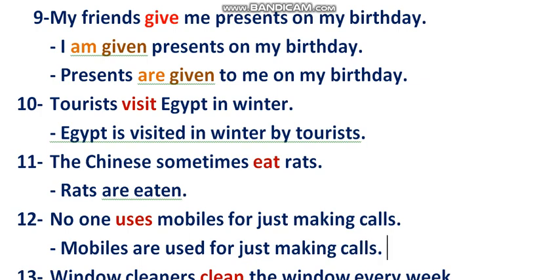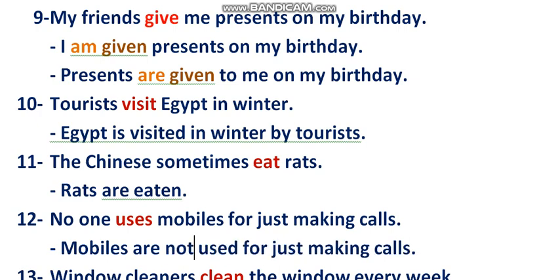Here's something tricky. We can see that here no one gives a negative meaning. So when we change that into the passive, we need to change the sentence into the negative. So this time we're going to add not: not used for just making calls. That's going to make the meaning right.